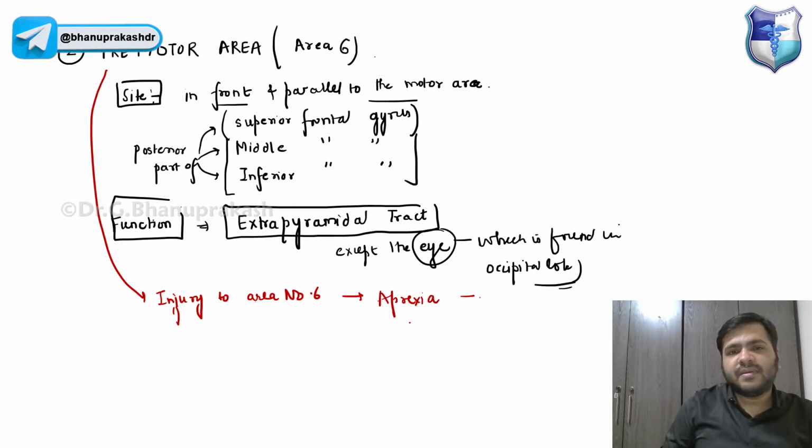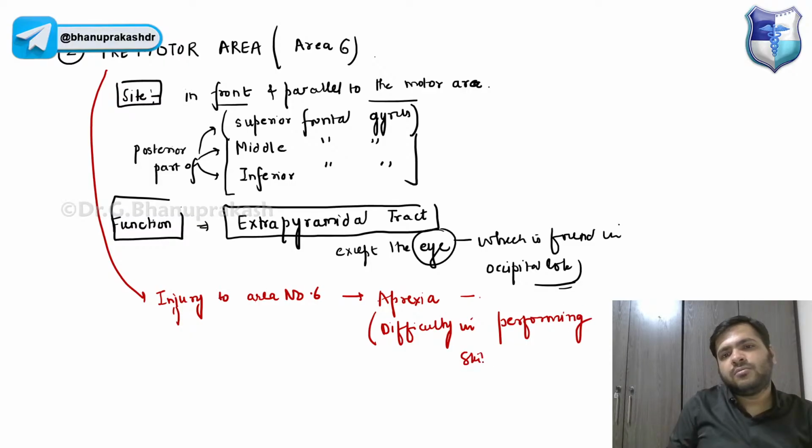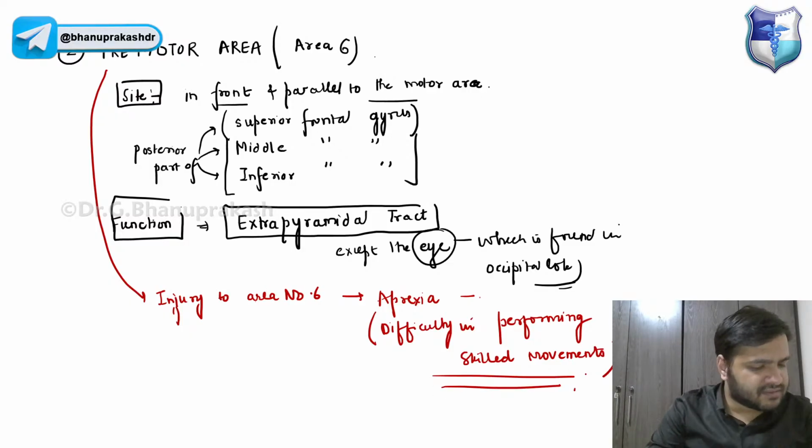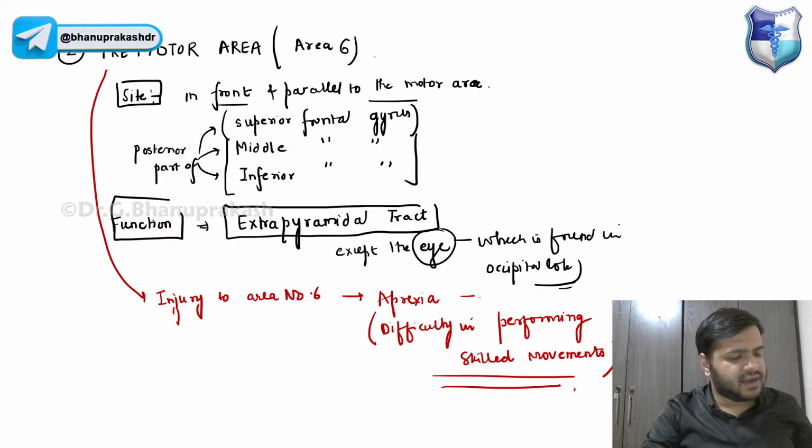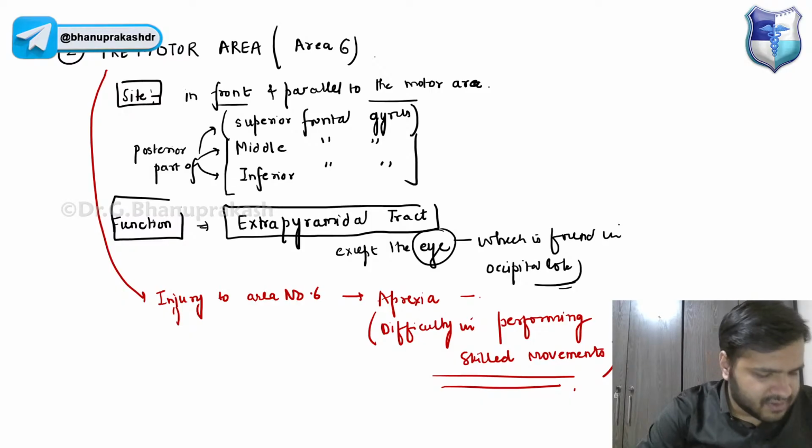And remember, it is basically difficulty in performing the skilled movements. So it is apraxia, difficulty in performing the skilled movements, guys, right? So that is something you have to remember. So that is the area number 6.